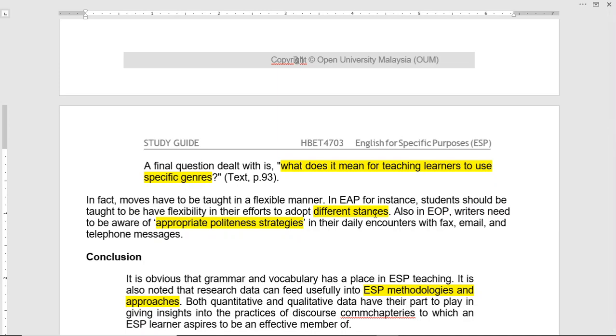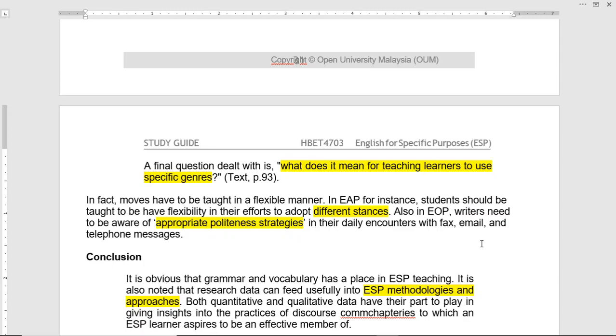But in occupational English, writers need to be aware of appropriate politeness strategies in their daily encounters with fax message, email, or telephone message. So that is the different genre, the discourse that we analyze in the language used for academic purposes and business purposes.